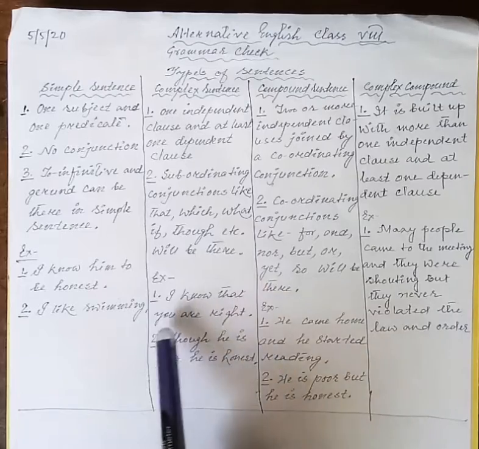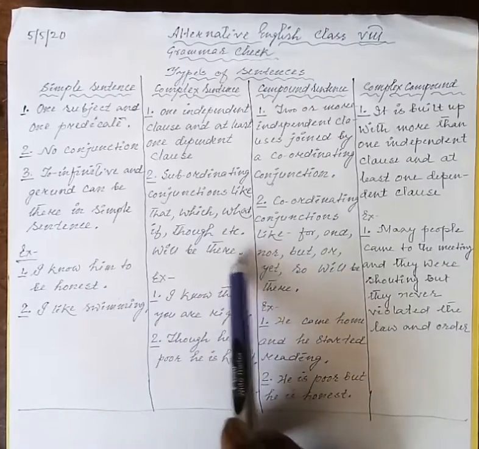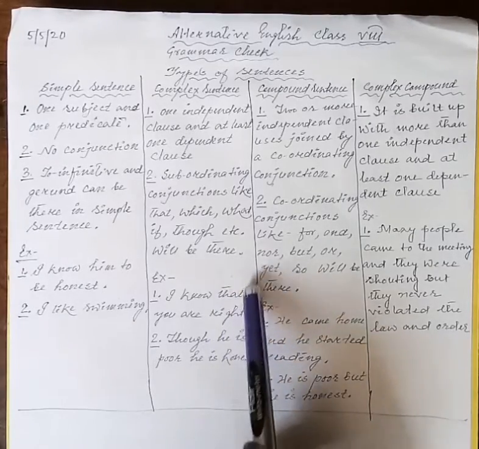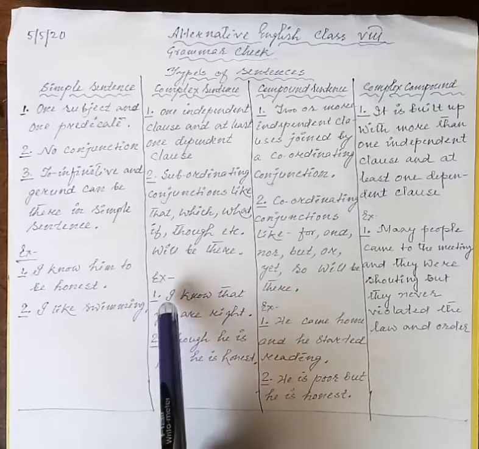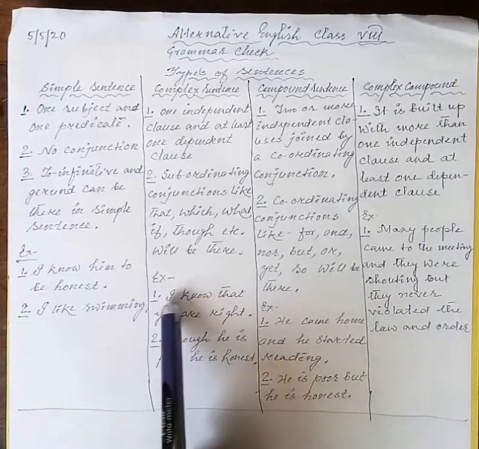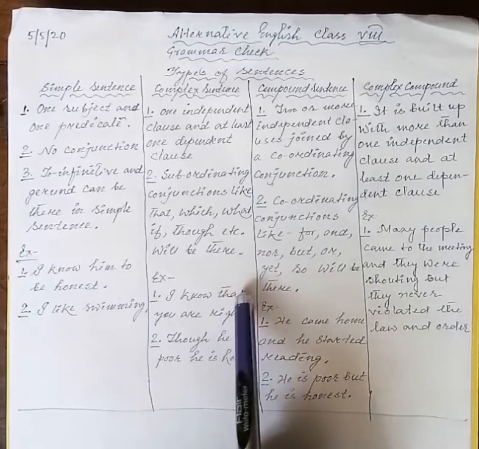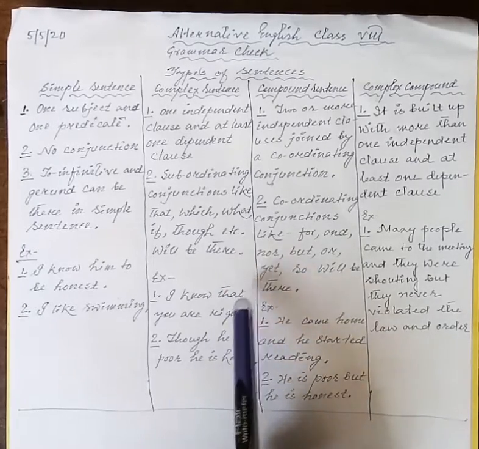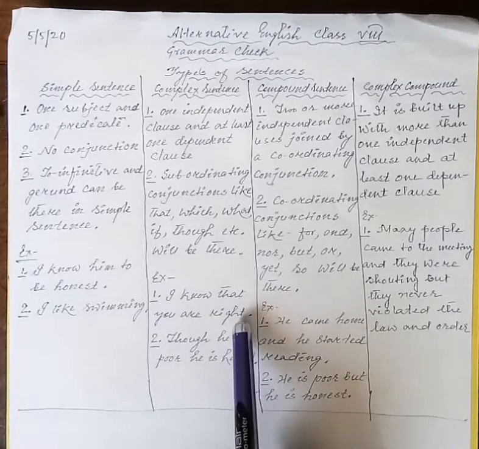I know that you are right. Here, that is the conjunction, and this conjunction joins these two parts or two clauses. Here the independent clause is I know, that is the joining word, the conjunction, and you are right is the dependent clause.